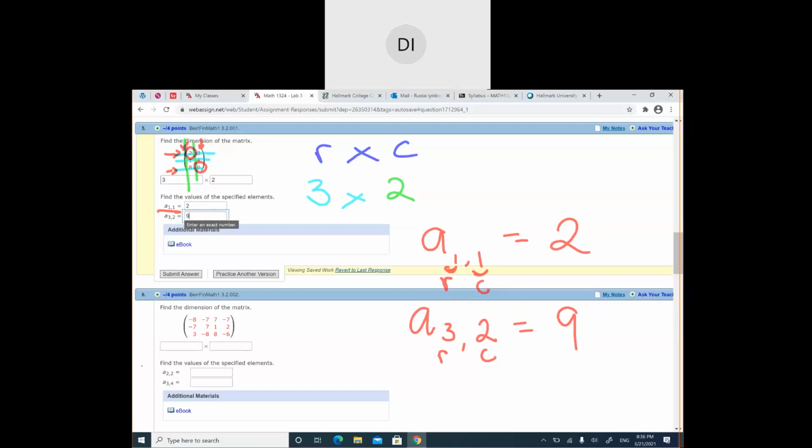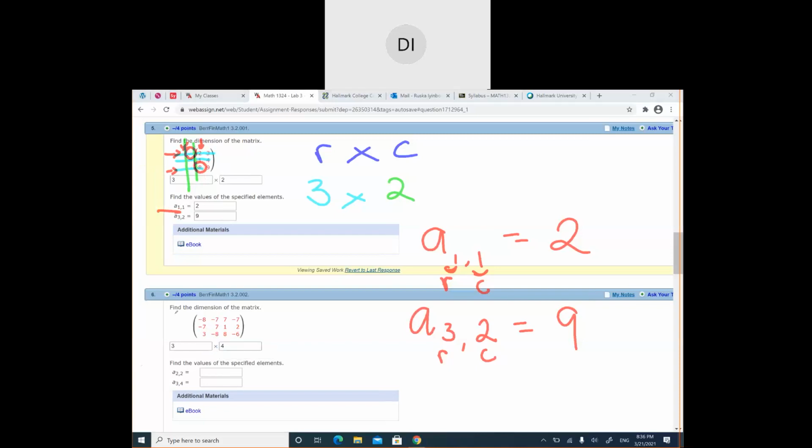How many rows? We have 1, 2, 3 rows. And how many columns? 1, 2, 3, 4 columns of numbers. Then we need to find A22.